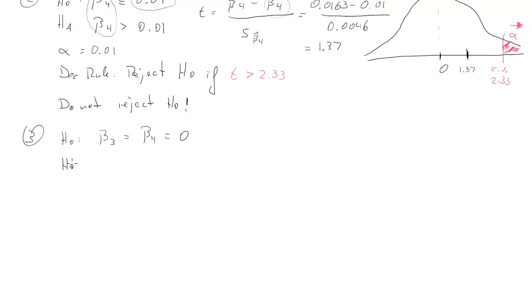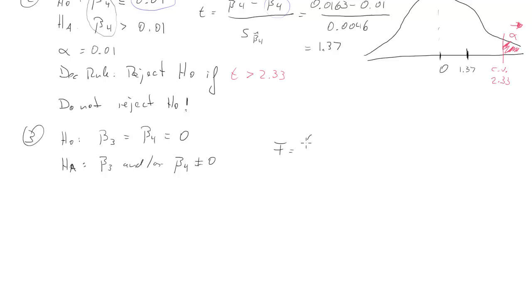The alternative hypothesis is that beta 3 and/or beta 4 is unequal to 0. You'll recall the type of test statistic you need for this.